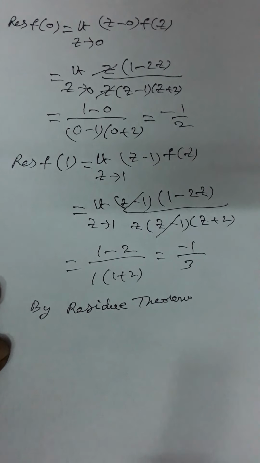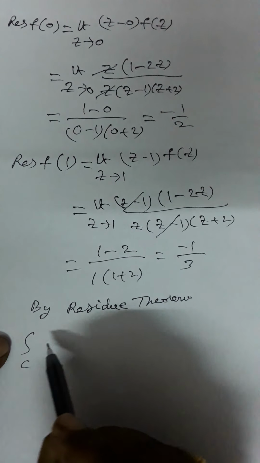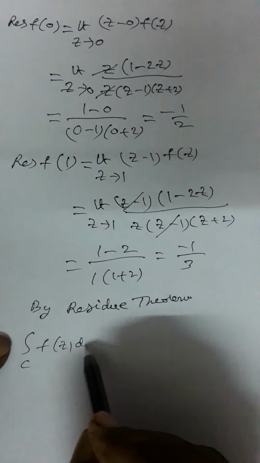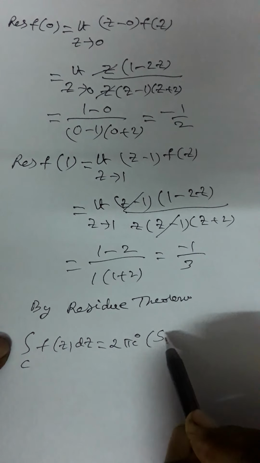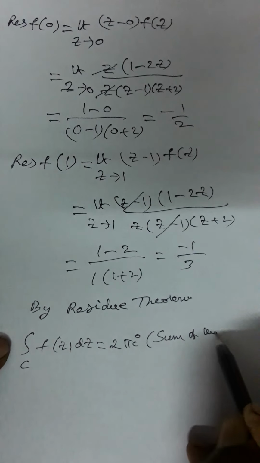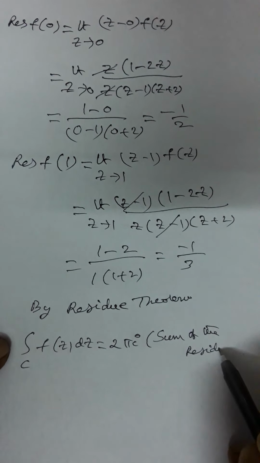This is the procedure. By residue theorem, integral over C of f of z dz is equal to 2 pi i into the sum of the residues.